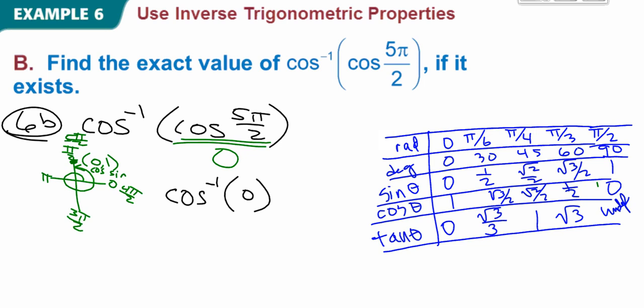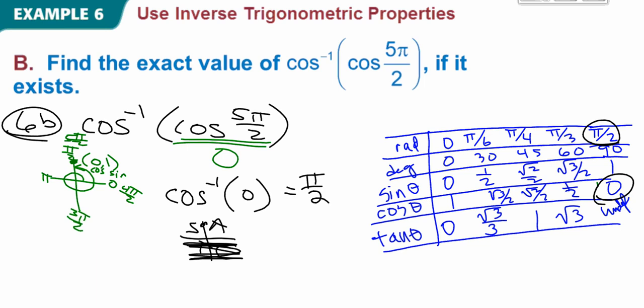For the inverse cosine, I'm allowed to use anything from 0 to pi. And so I can just look right on here. There's my 0 again. My reference angle is pi over 2. And so is my reference angle the answer to this question, inverse cosine of 0? Yeah, it's pi over 2.